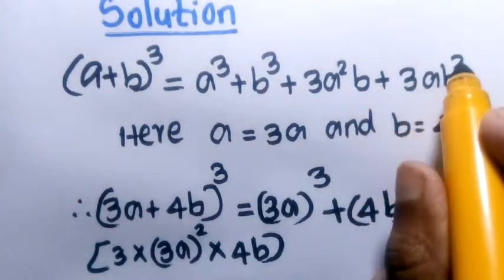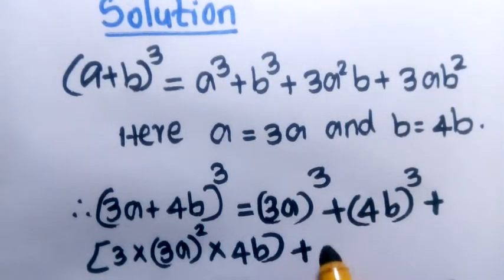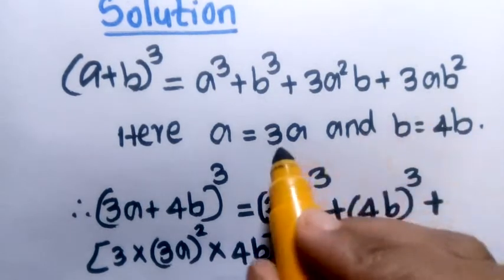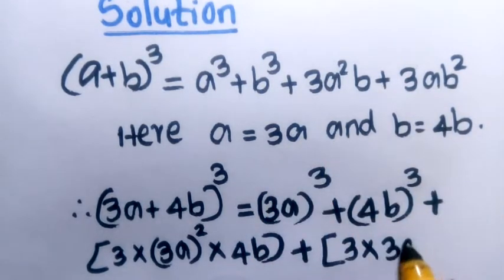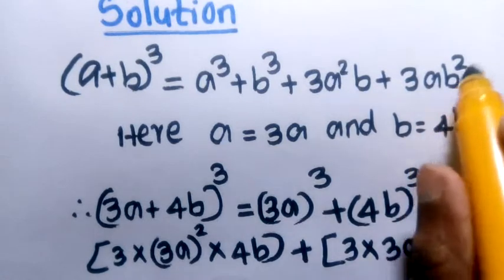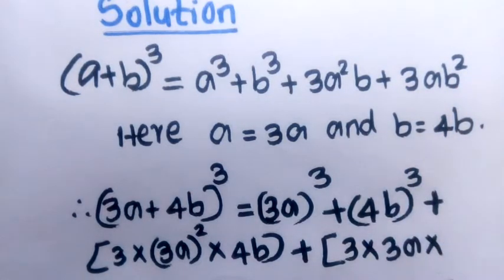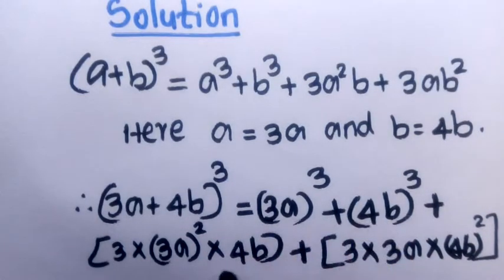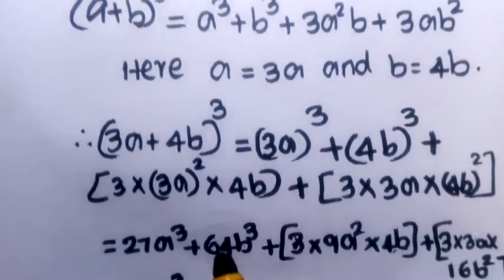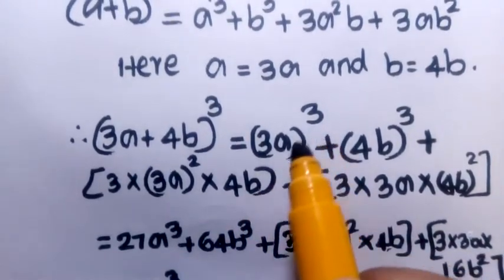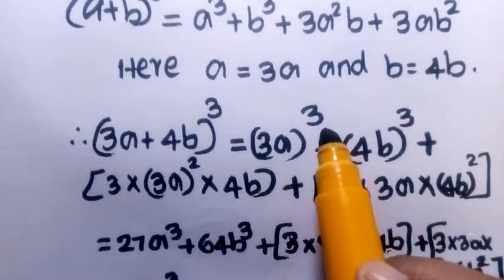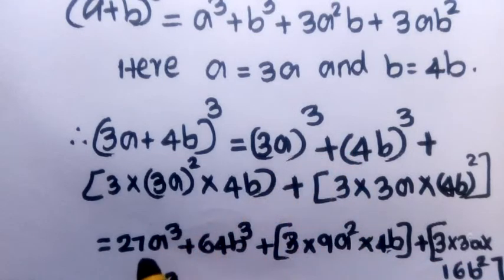Plus 3AB square, plus 3 into A. A is 3A into B square. B is 4B. So (4B) the whole square. By solving this, we get (3A) whole cube means 3 cube into A cube. So (3A) the whole cube is equal to 27A cube.